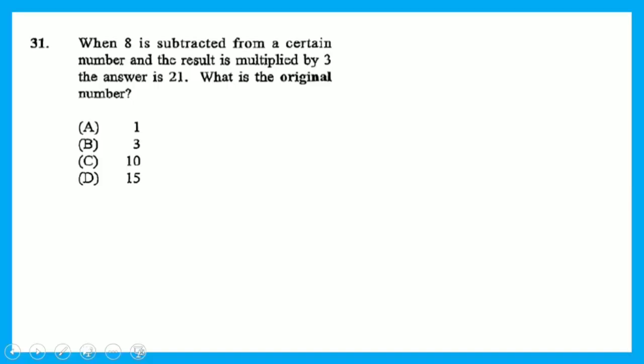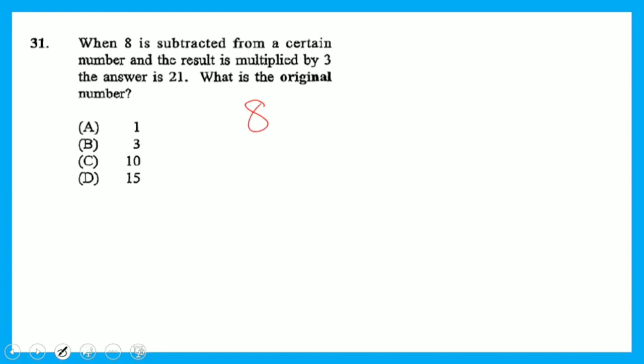The first one says, when 8 is subtracted from a certain number and the result is multiplied by 3, the answer is 21. What is the original number? Now you can just go ahead and reason this backwards so you can find the original number. But we're going to just write down this information in a mathematical statement using math symbols.